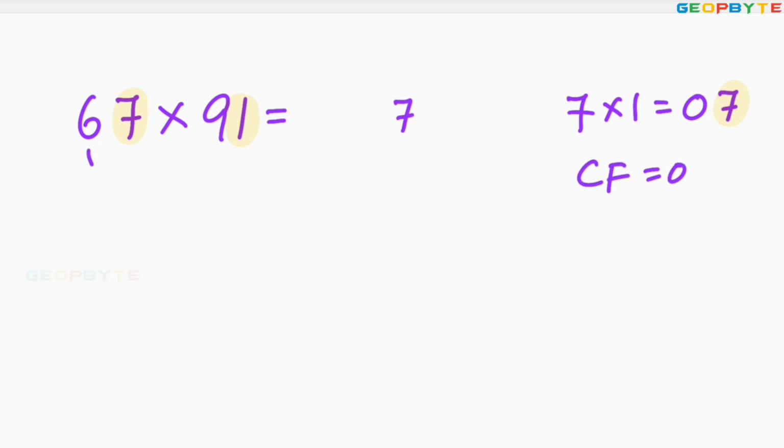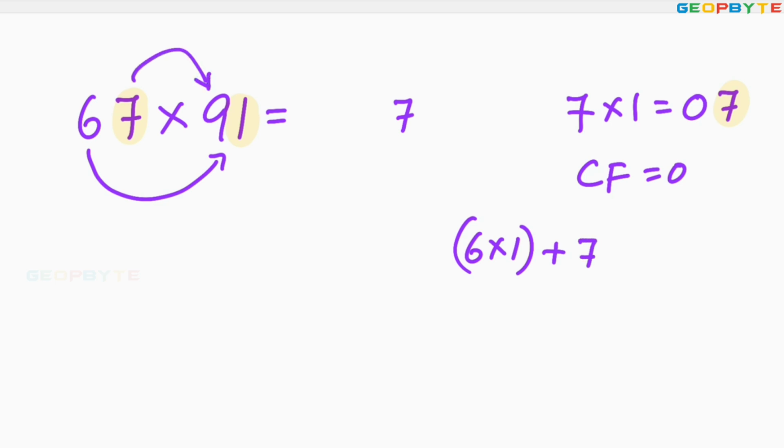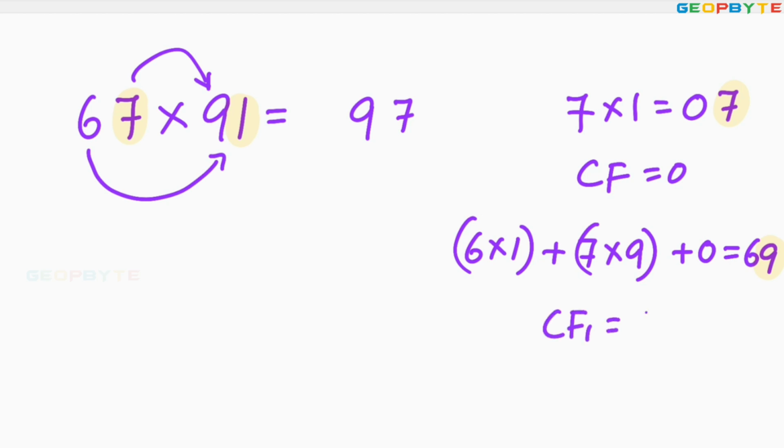Then you multiply 6 and 1 plus 7 into 9. 7 into 9 plus carry forward is 0. Simplify this value for getting 69. Now you select the unit place digit. You put that value here. The carry forward is 6.